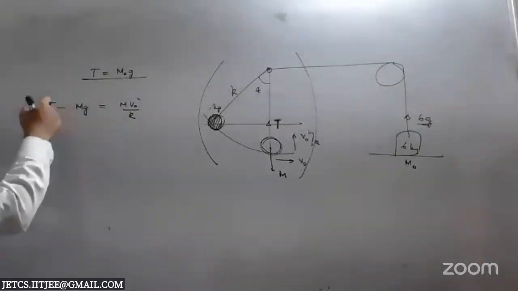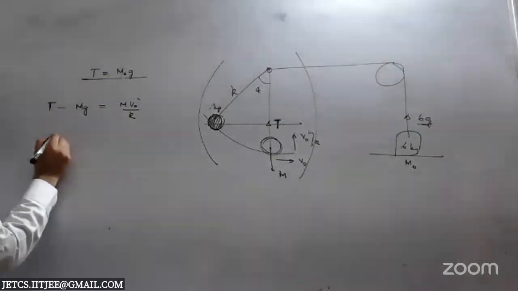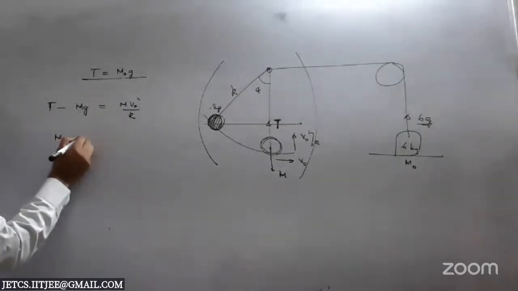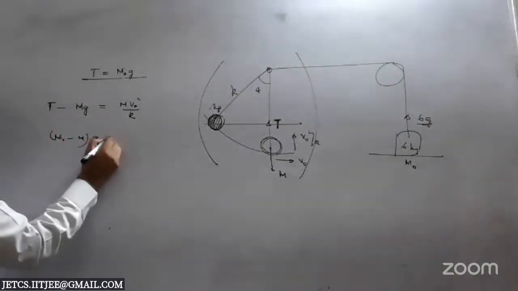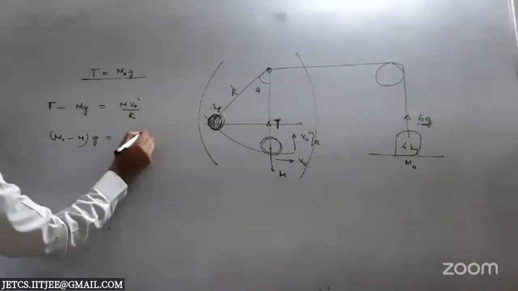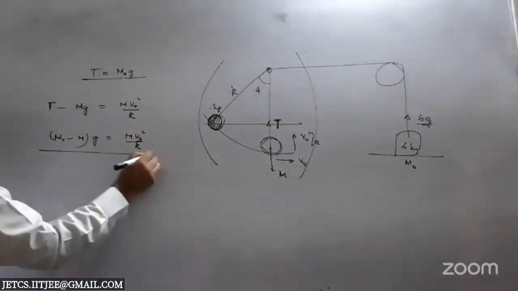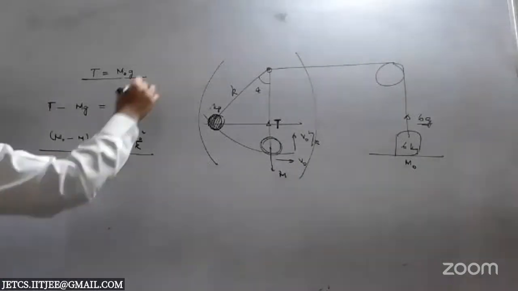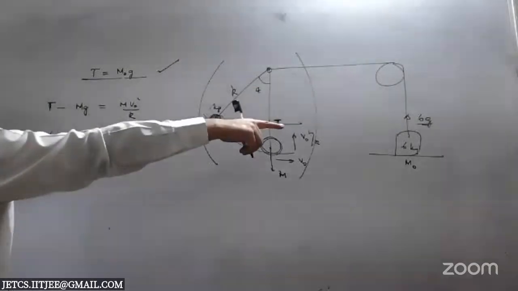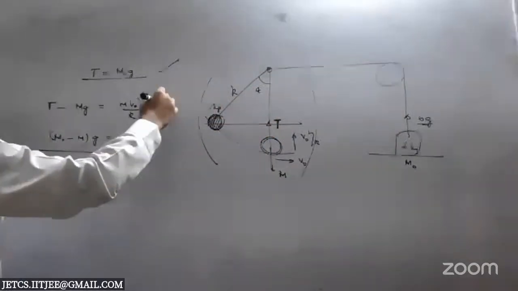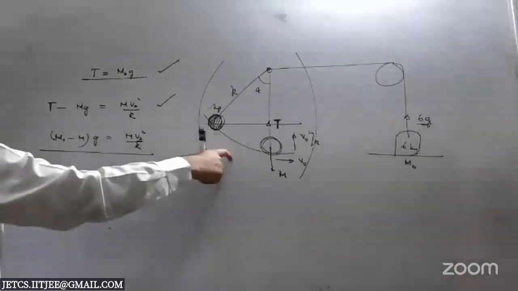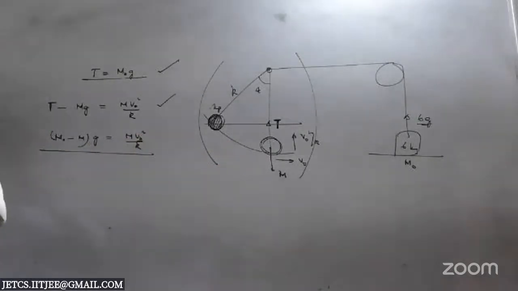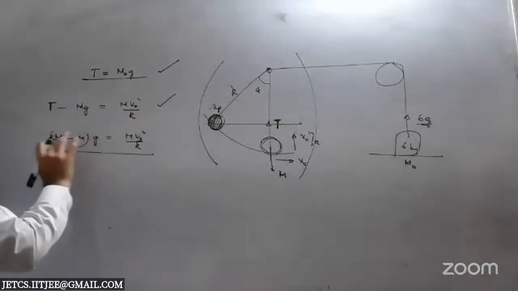I substitute T here, that will be M0 minus m into g is equal to mv square by r. This is the force on the circular vertical circulation bob, which is executing vertical circular motion. From the force equation, I get this.